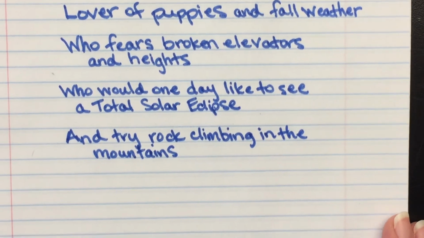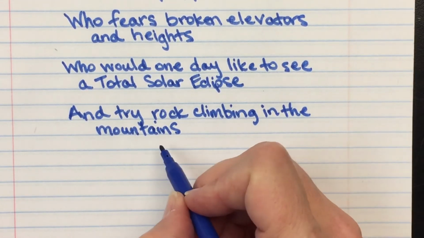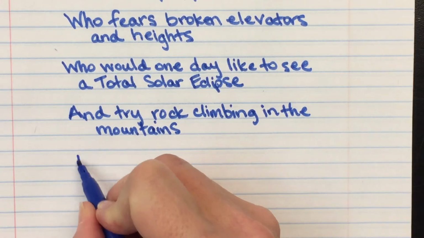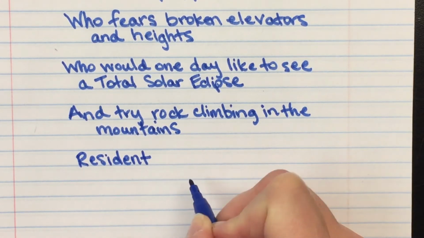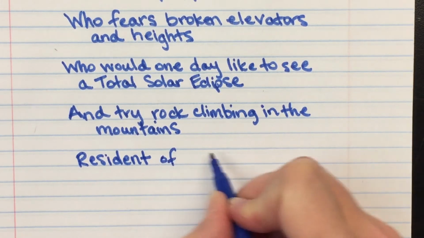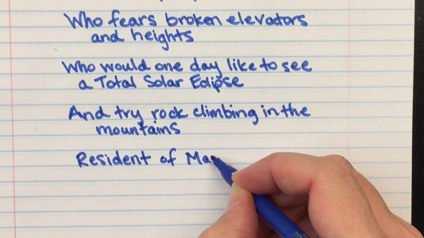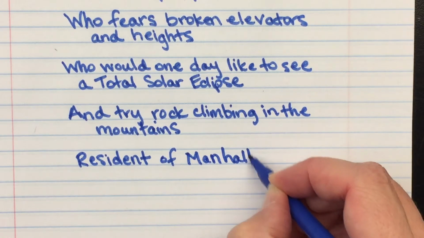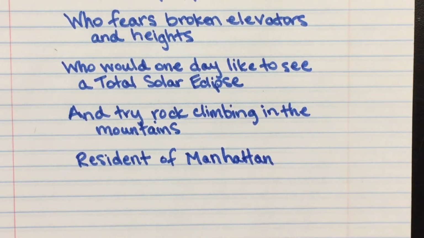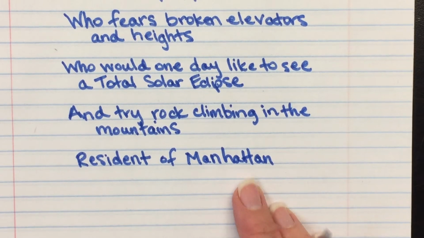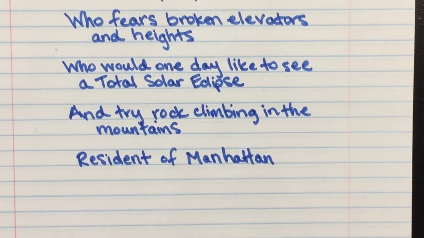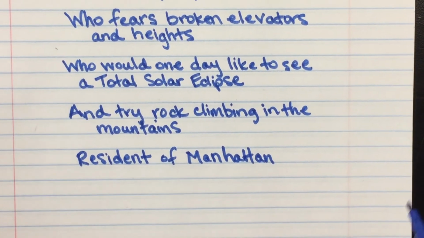And then the last thing that you're going to do is skip a line and say where you live. You're going to say that you are a resident, because you reside there, a resident of, I live right here in Manhattan. You might live in the Bronx, or maybe you live in Queens, or maybe you live in Brooklyn. And if you want to be more specific, you could say where specifically in that borough you live.